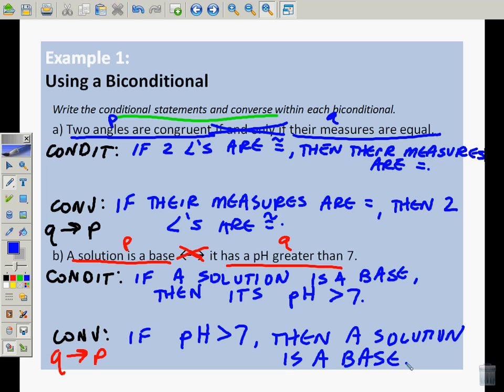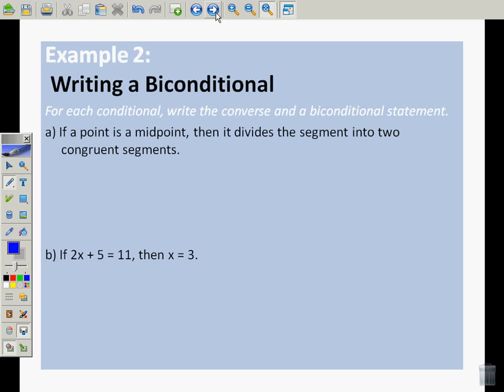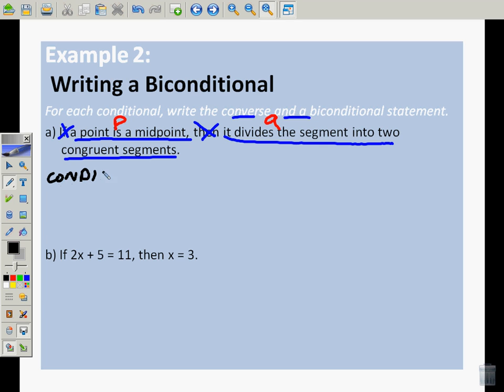In example 2, what we're doing is for each conditional, write the converse and a biconditional. So very first, before I do anything, here's what I'm going to do. I'm going to underline my necessary information. Okay? I'm going to label them P and Q and go from there, because my conditional is going to be if P then Q. Oh, we're just writing the converse.